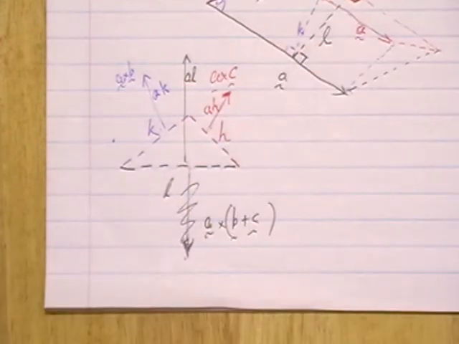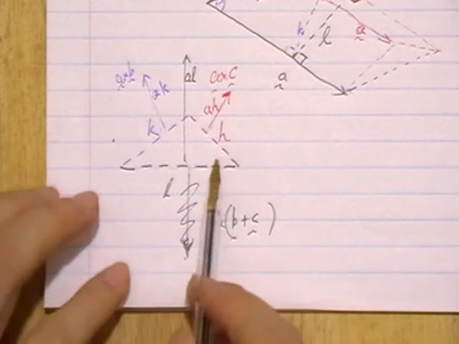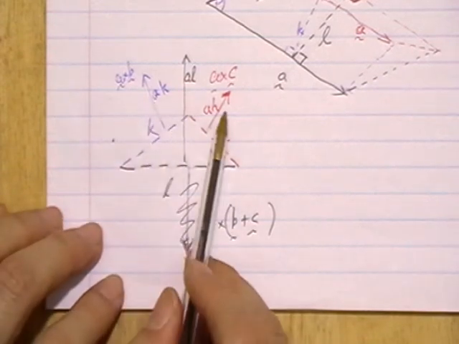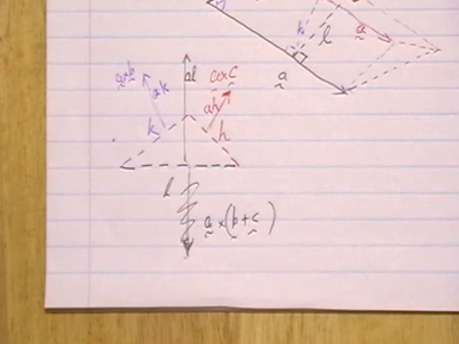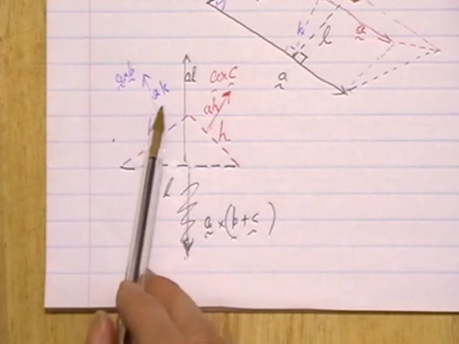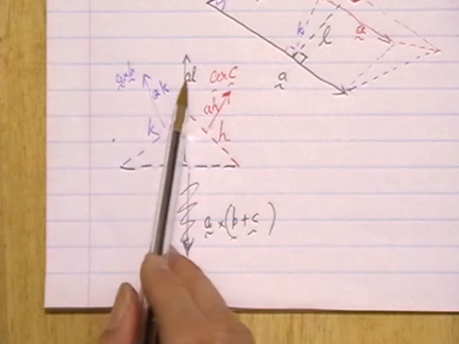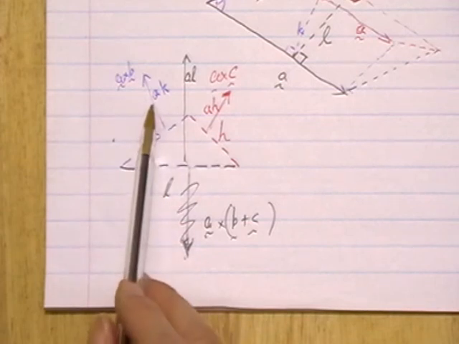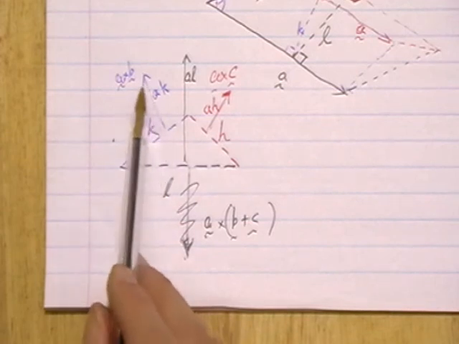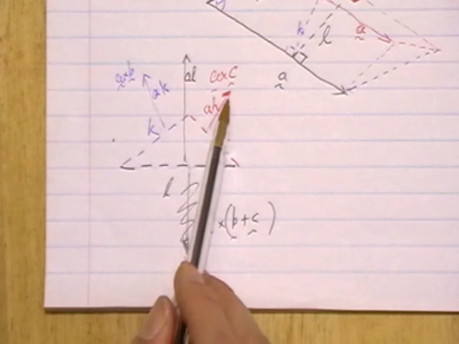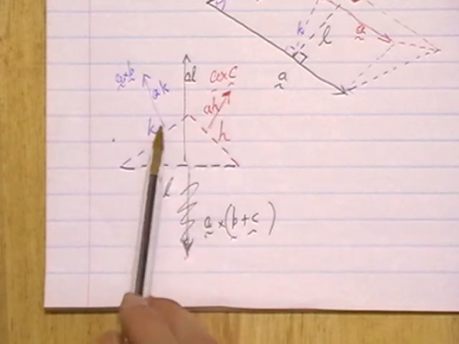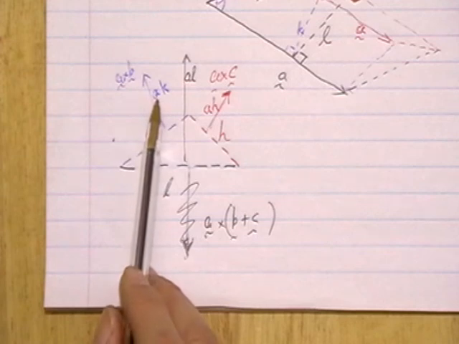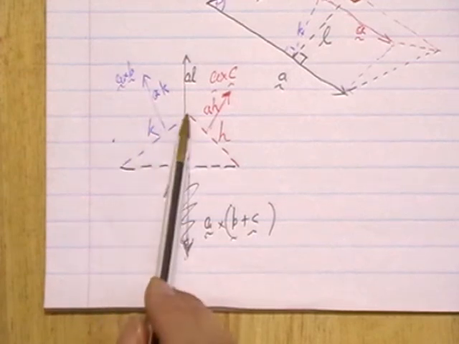So now let's look at these lengths of the three vectors. Notice that I have AK, AL, AH. Each of these vectors has a length that is equal to the same number A times the corresponding side.